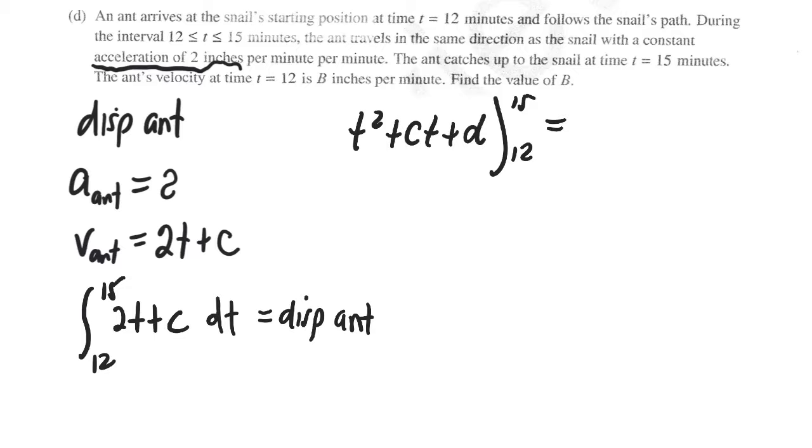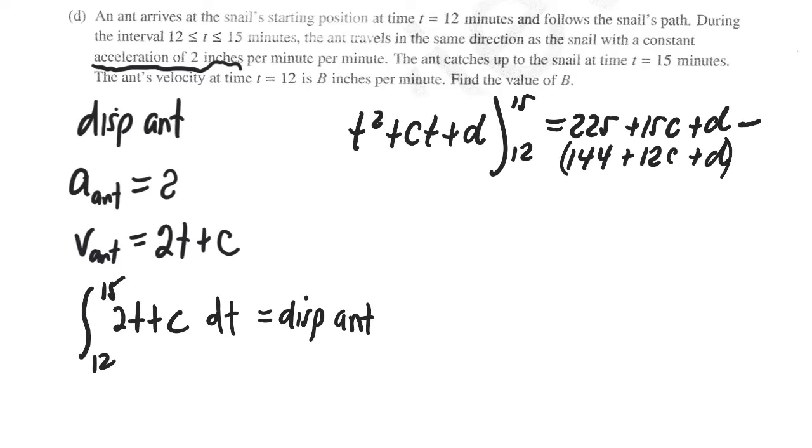When you do that, you get 225 plus 15c plus d minus, when you plug in 12, 144 plus 12c plus d. If you subtract these from each other, you end up getting 81 plus 3c. That's how far the ant traveled.